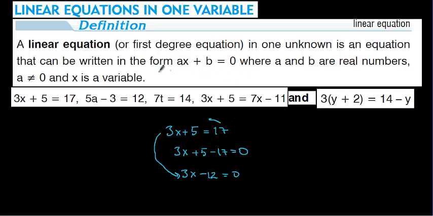So here the important part: in the equation there should be only one variable. On the variable we don't have a power. If it is, let's say, 3x squared, then it is not a linear equation. So we should be careful about that also. And a cannot be equal to 0 here.